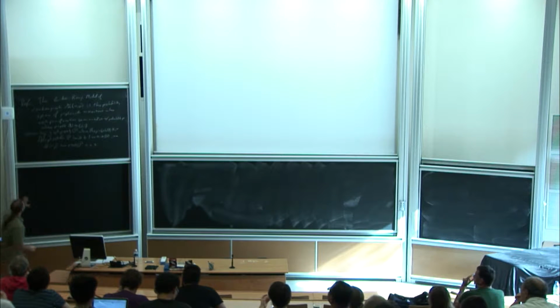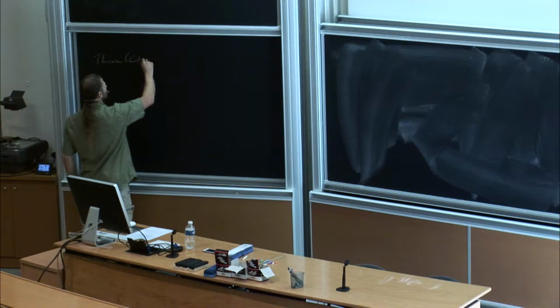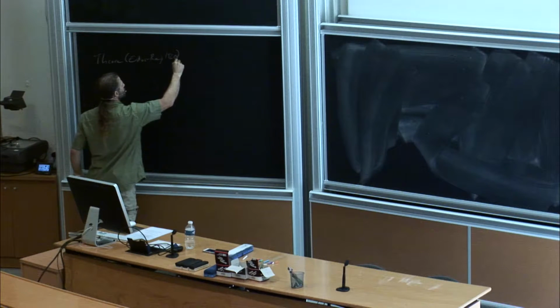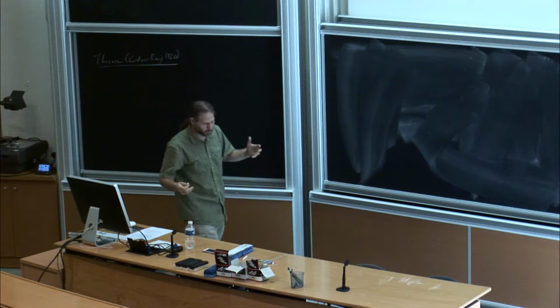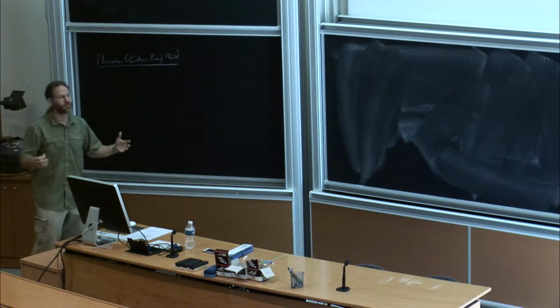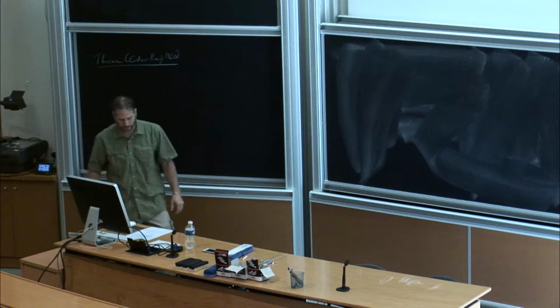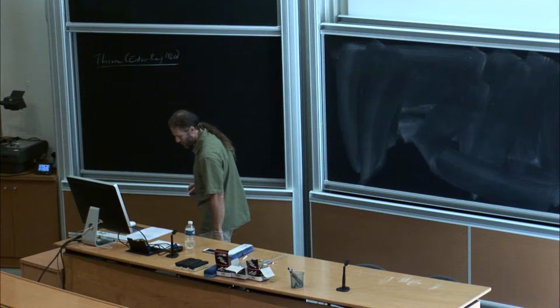So here's the theorem of Erdös-Rényi from 1960, and since then the study of random graphs has become a major field in combinatorics. This is the theorem that got everything started, a study of the behavior of these random graphs.